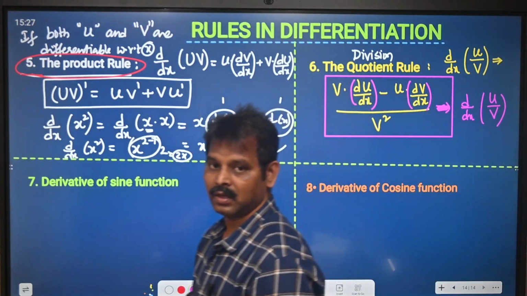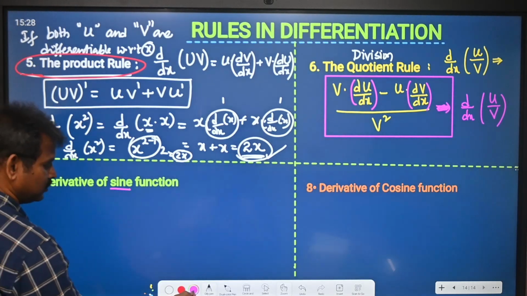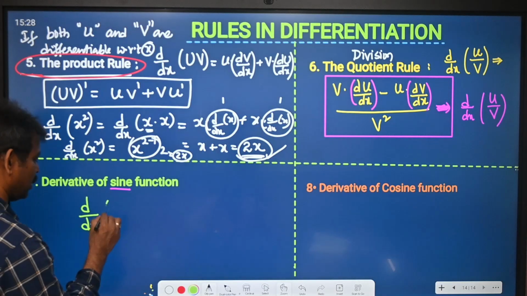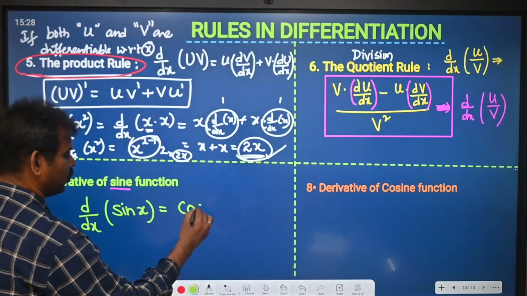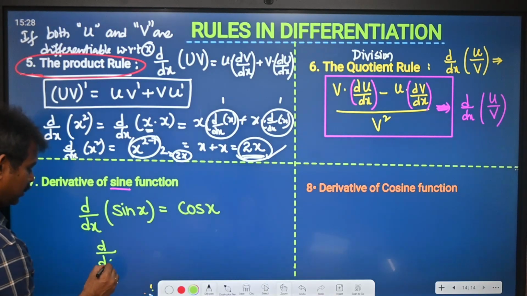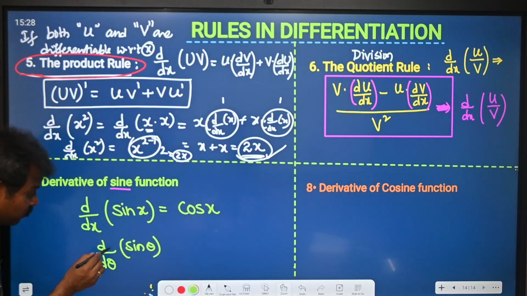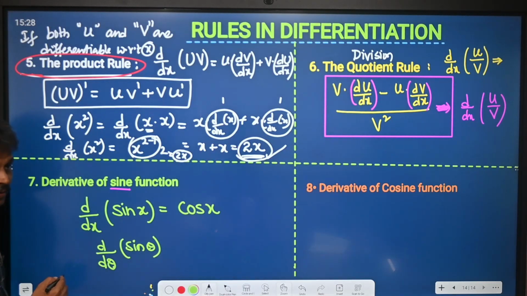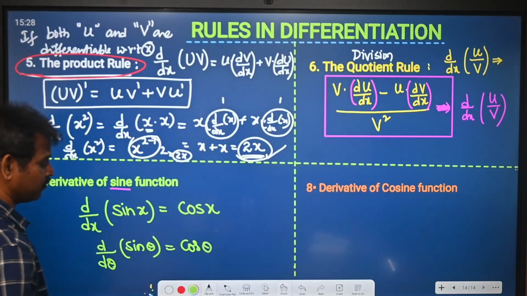The next one, derivative of sine function. d by dx of sine x is equal to cos x. Directly we can write d by d theta of sine theta. That means this should be the variable, theta is the variable, so this is equal to cos theta.